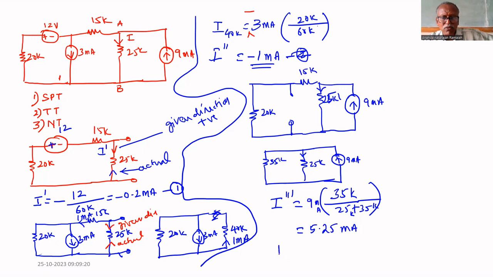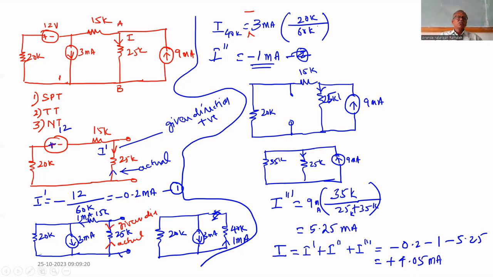So now to find the total current, we have to add all together. I equals I dash plus I double dash plus I triple dash equals minus 0.2 minus 1 minus 5.25, which is equal to minus 6.45 milliampere. So this is by superposition theorem. Now let us solve the same by Thevenin's theorem.